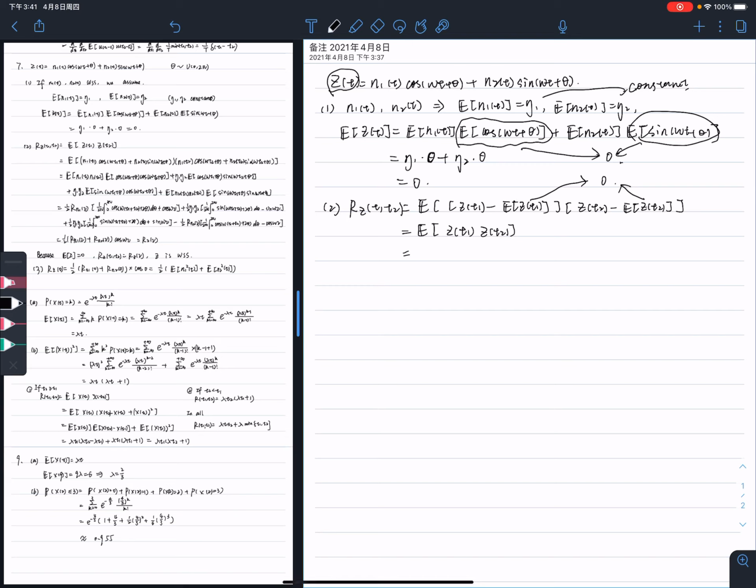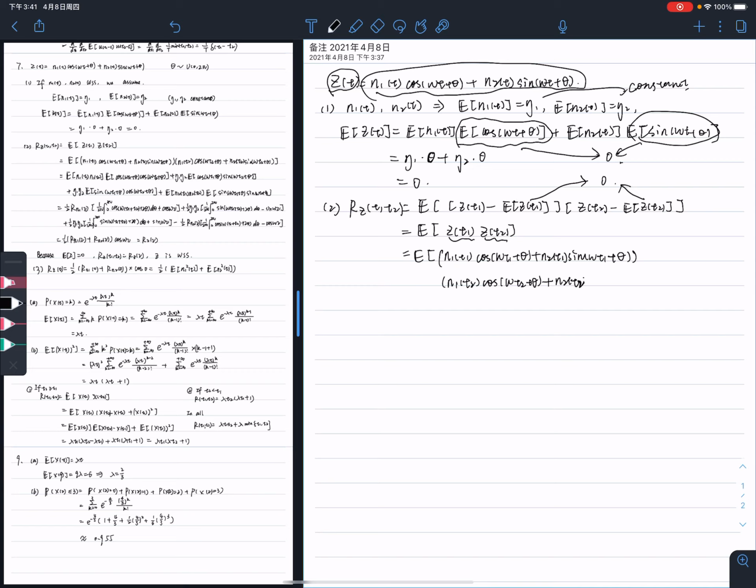If we substitute these with the formula here, we get N1(t1) cosine(ωt1 + θ) plus N2(t1) sine(ωt1 + θ), times N1(t2) cosine(ωt2 + θ) plus N2(t2) sine(ωt2 + θ).